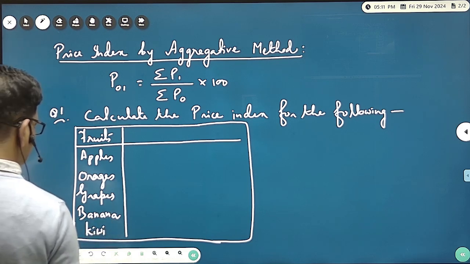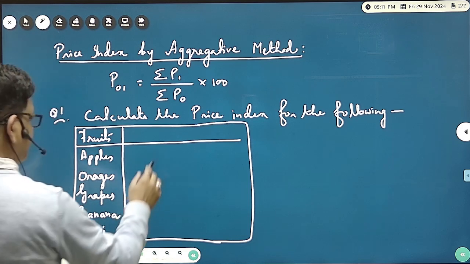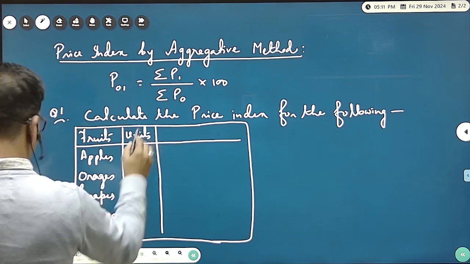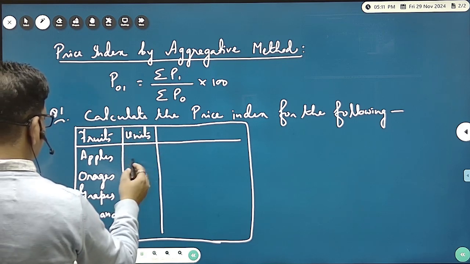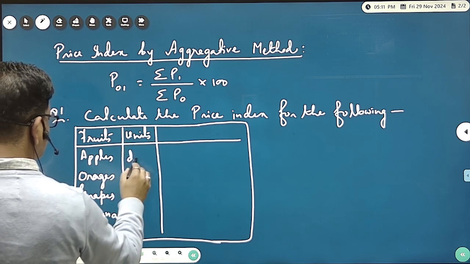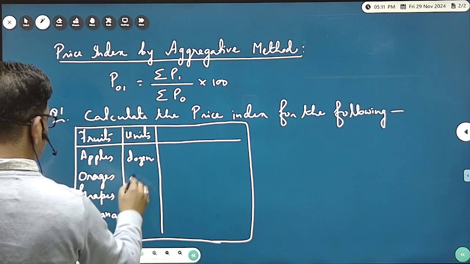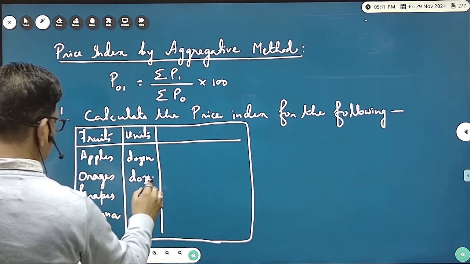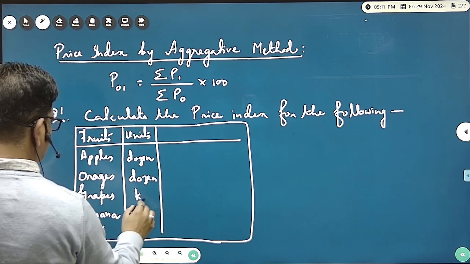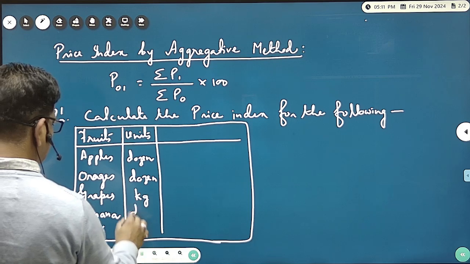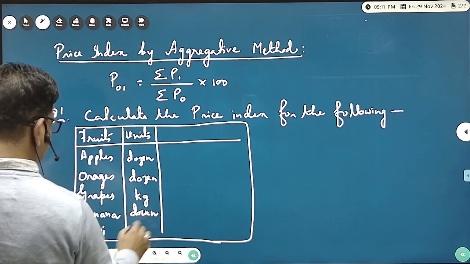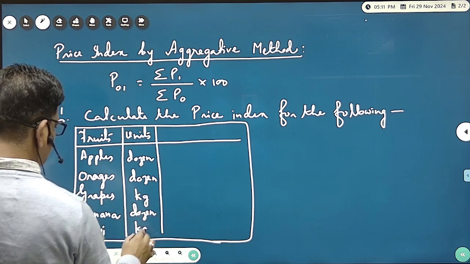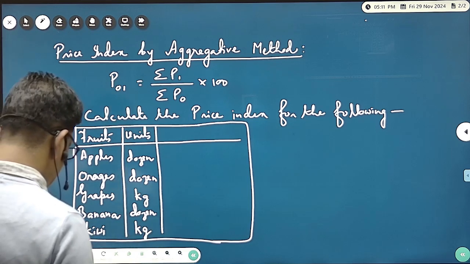So these fruits I am basically writing in units. They are bought in some certain units. Suppose apples are bought in dozen, oranges are also bought in dozen, any unit it can be, doesn't matter. Grapes are suppose bought in kilogram, banana in dozen, kiwi in kg, okay, right.